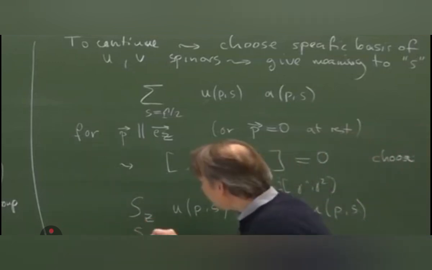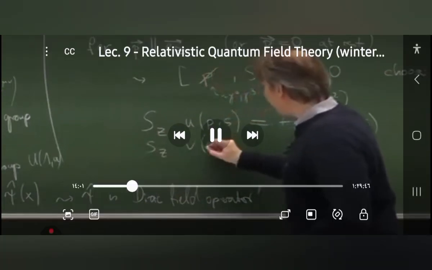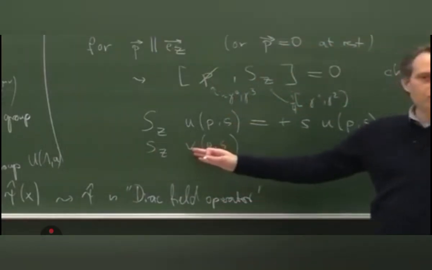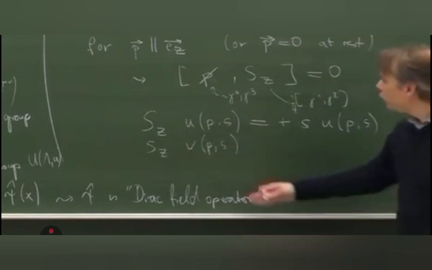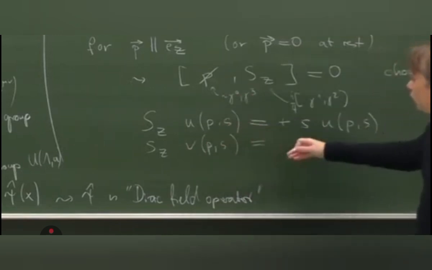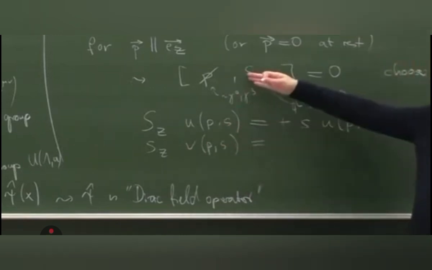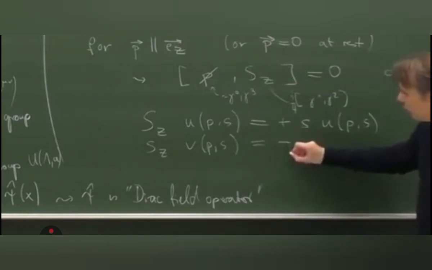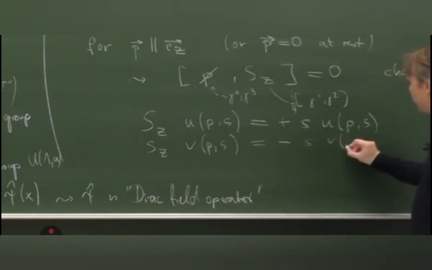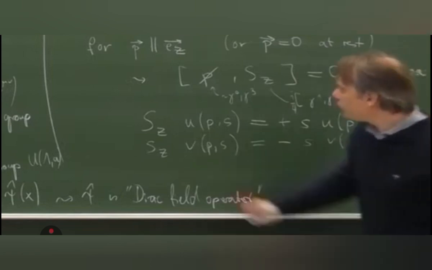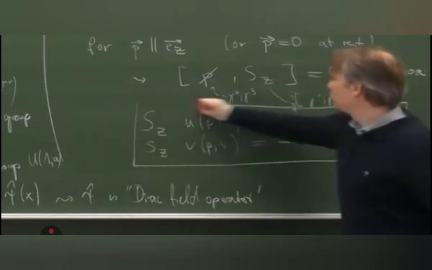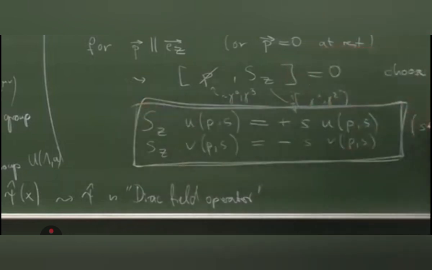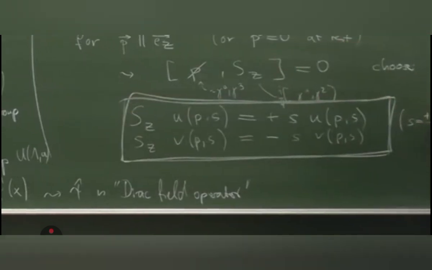And the same is of course true for the other spinors V, which have P slash V equal minus M times V. They can also be chosen simultaneously as eigenspinors to spin Z. But now a trick comes, so let us choose here minus S times V of P comma S. And in both cases, S equal plus or minus 1/2.